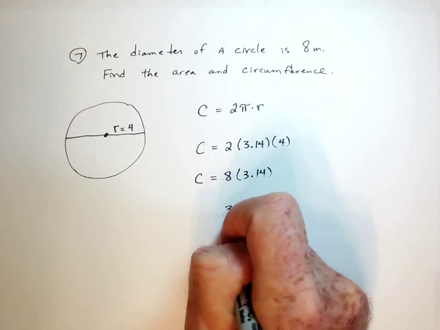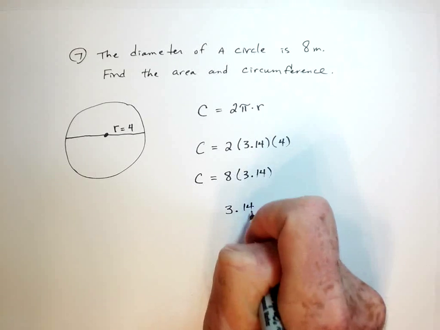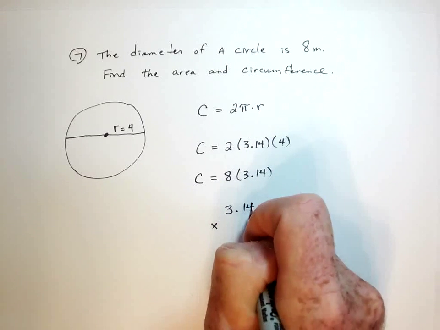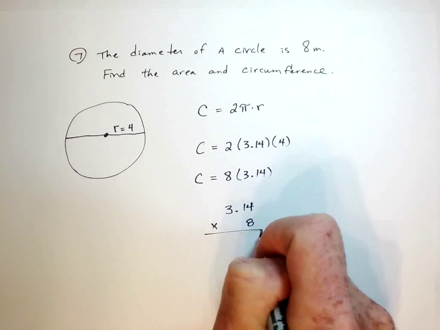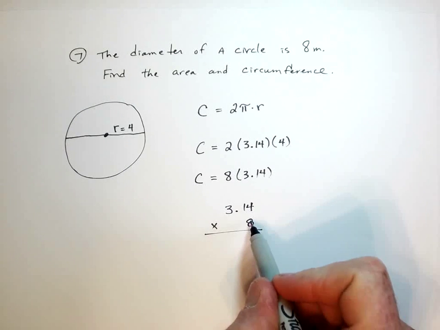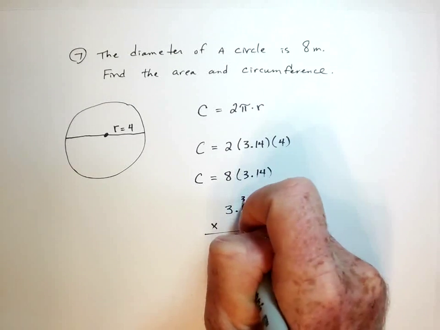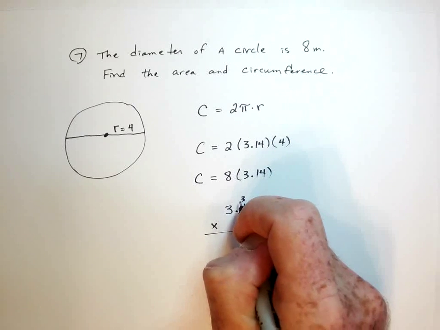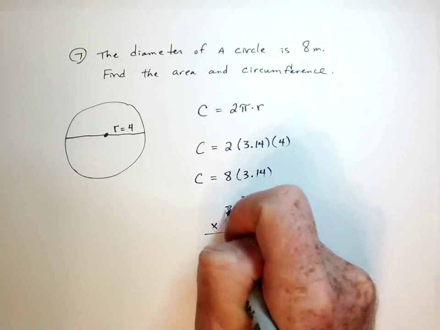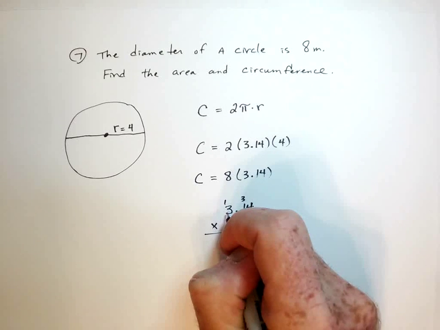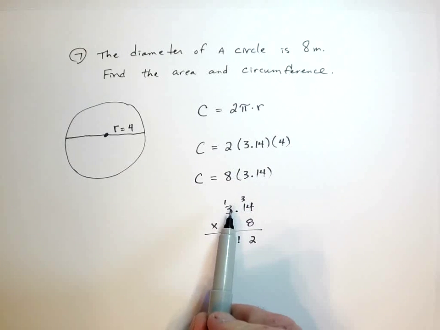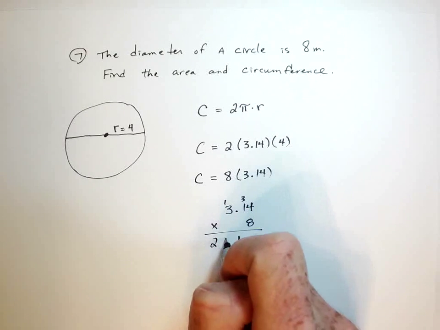And this one I could just multiply out myself. 3.14 times an 8. So 8 times 4 is 32. 8 times 1 is 8. 9, 10, 11. And then this would be 24. With one more is 25.